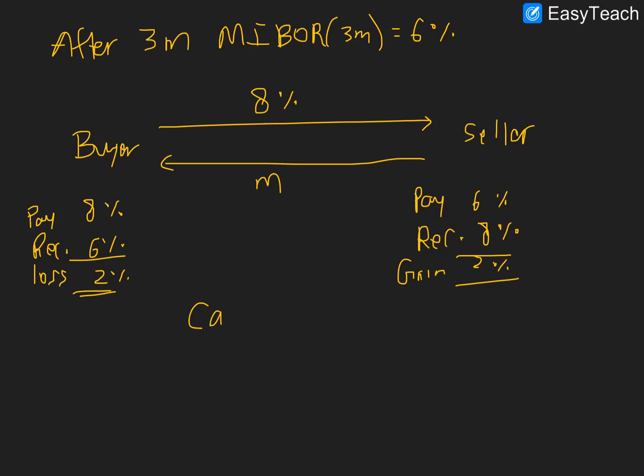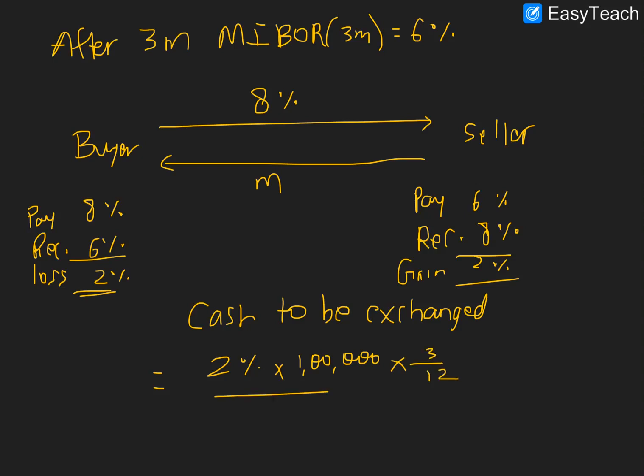So cash to be exchanged in between them. That's going to be 2% of, if I say the notional amount or the principal that was agreed is, let's say, 1 lakh, and this was for a 3-month loan, so 3 by 12. Then also making it to present value, there will be 1 plus 0.06 into 3 by 12.